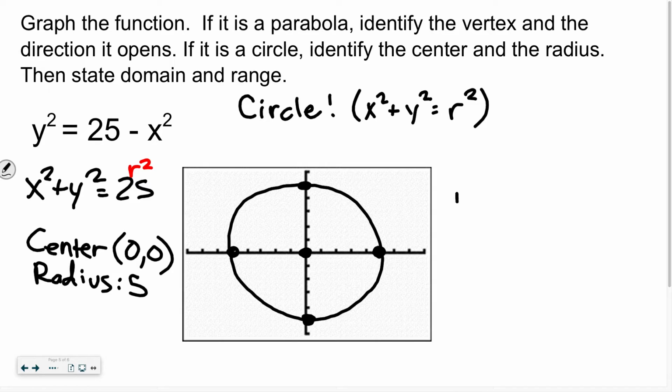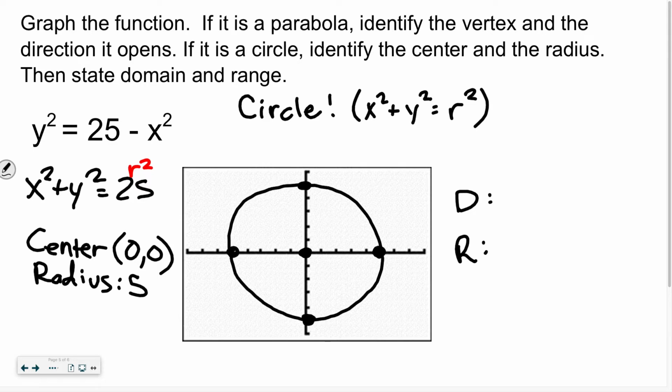I got this. Okay, domain and range. Tell me about the x's. Yeah, you're kind of like sandwiched in between the sides of the circle. So we're going to start with the lowest x that works.